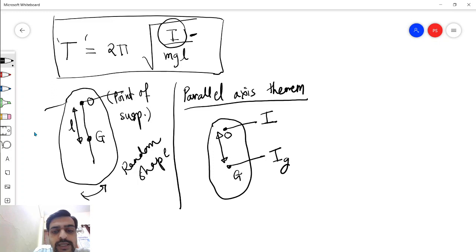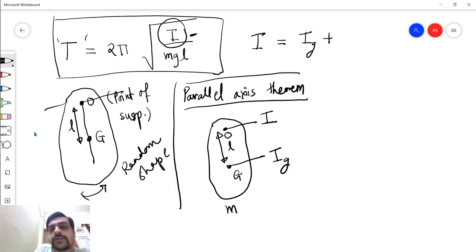Since this distance is L and mass of the body is m, according to the parallel axis theorem, we have this relation which says I equals Ig plus ml squared.